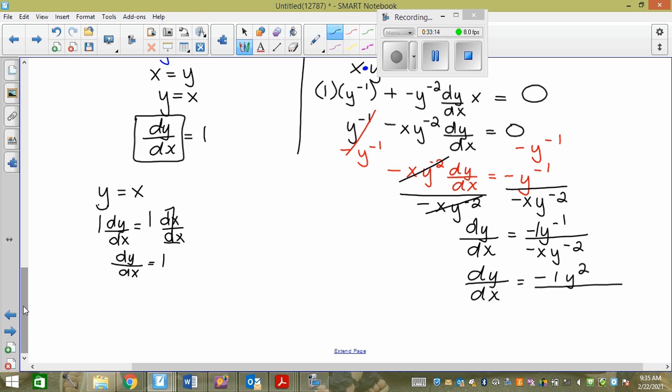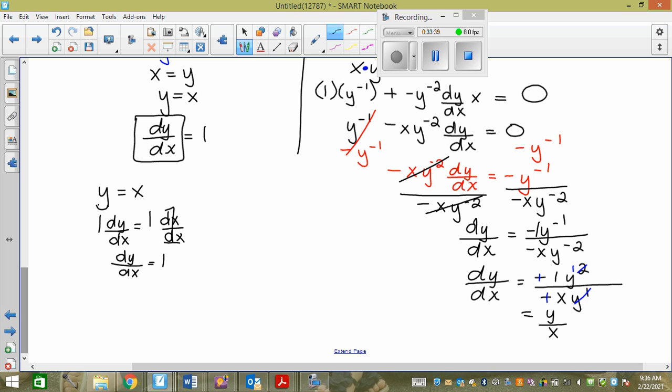Y to the 2 up here, negative x, y to the 1. The negatives can actually cancel, right? This y can cancel off one of these. So you get y over x. And then people say to me, well, that's not 1.